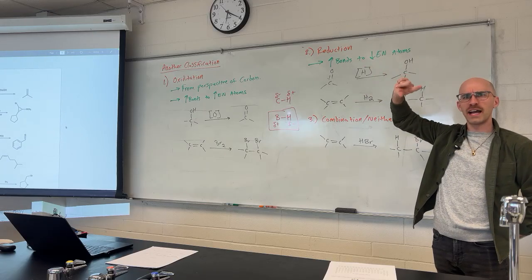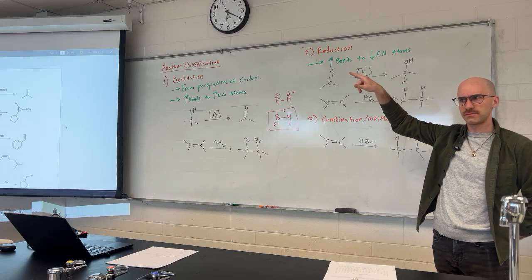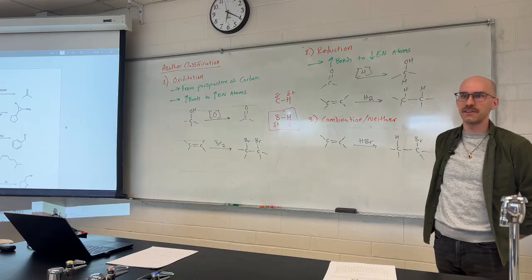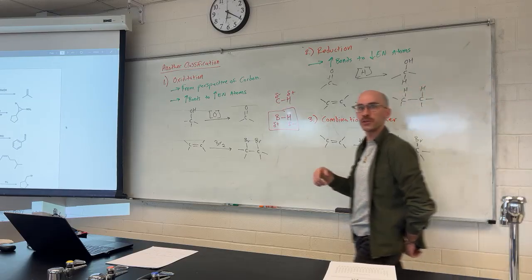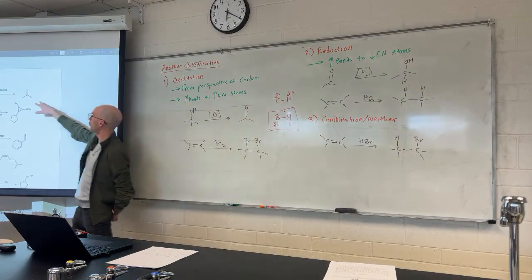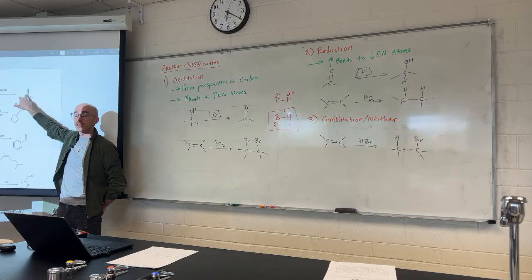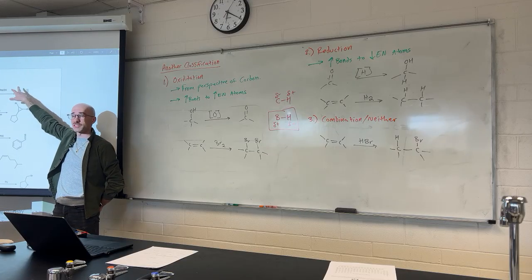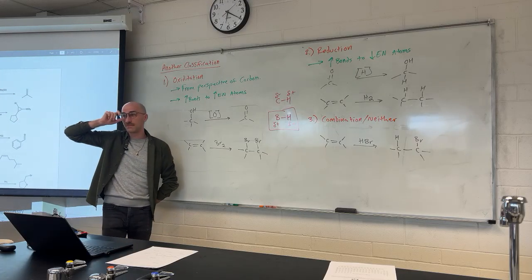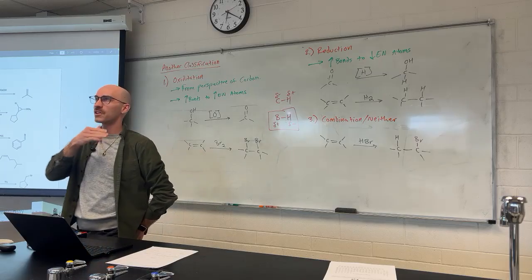But I also removed a hydrogen from the other carbon. So neither. The carbon that lost the chlorine was reduced. But the carbon that lost the hydrogen was oxidized. It was a combination, which cancel each other out.